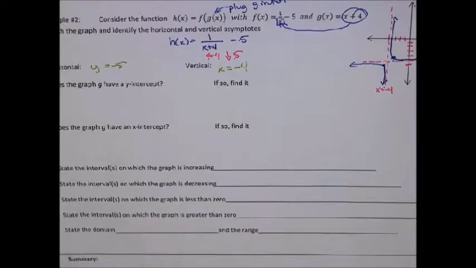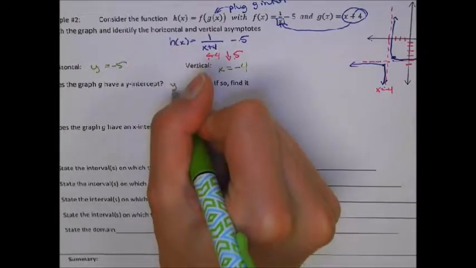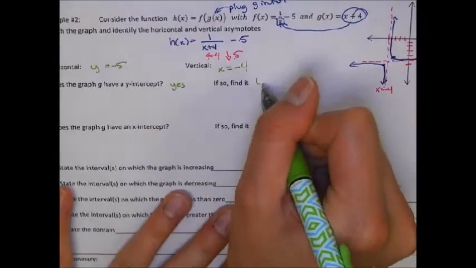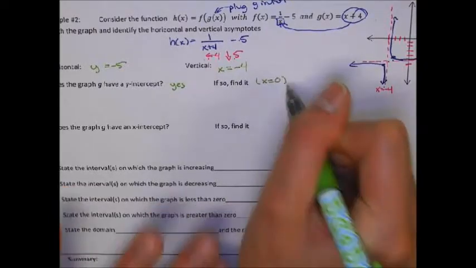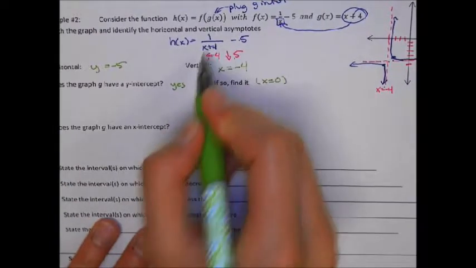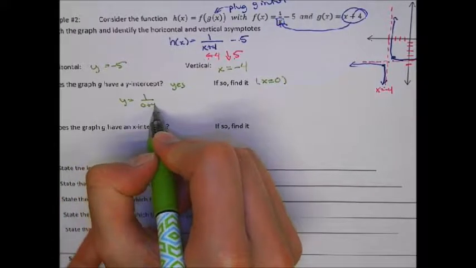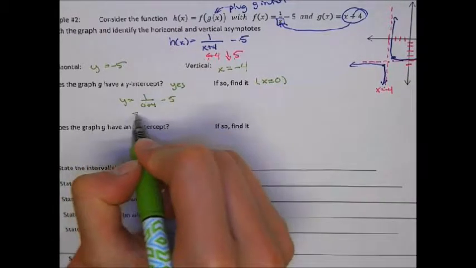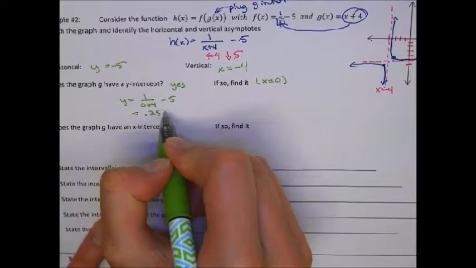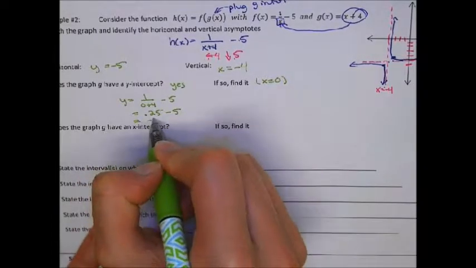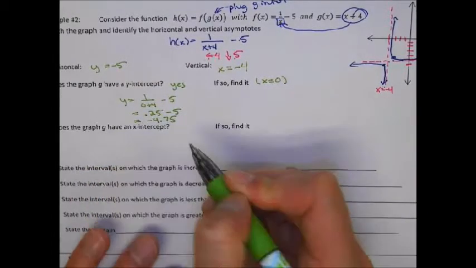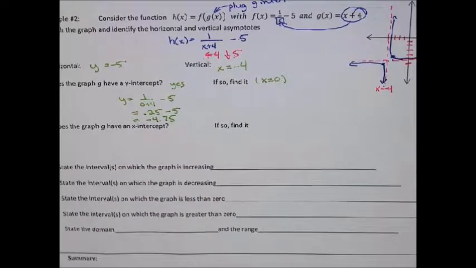Does the graph have a y-intercept? Yes. So find it. How do we find it? We make x equal to 0. So y equals 1 over 0 plus 4 minus 5, which is 0.25 minus 5, which is negative 4.75.